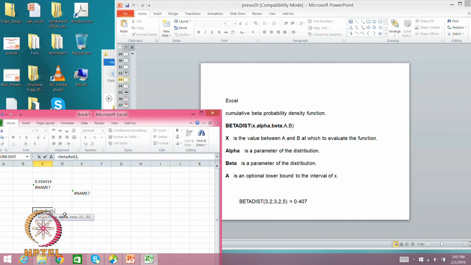3, 2, 3, because alpha is 2, beta is 3, then A is 2, that is the optimistic time, then the pessimistic time is 5. So, you get 0.407. So, the probability of finishing it in at most 3 days is 0.407.